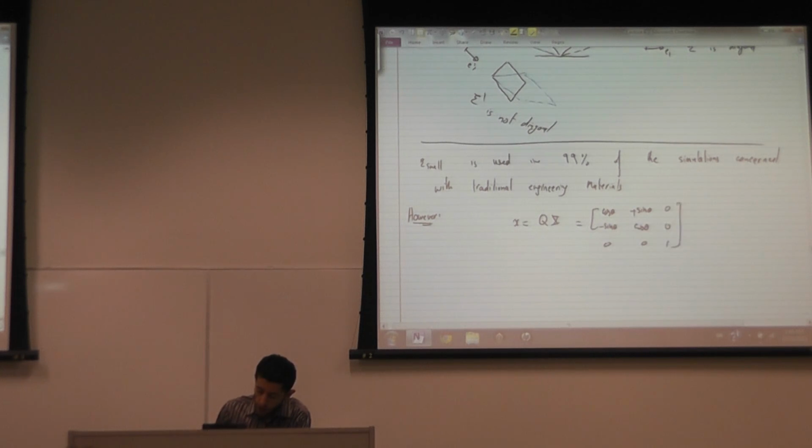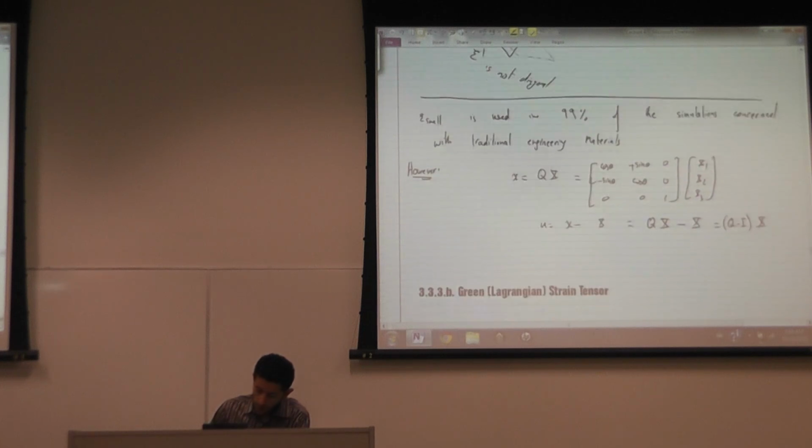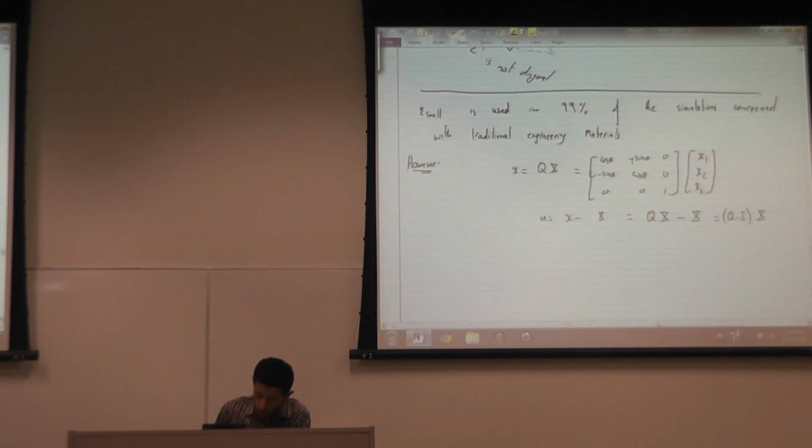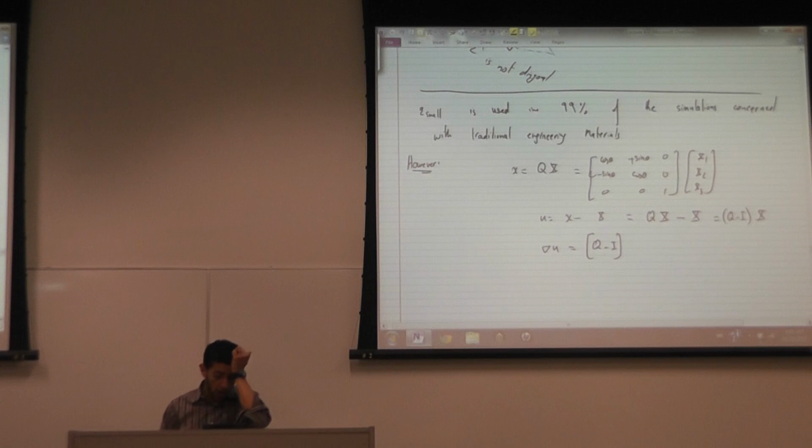I have an object that's rotating. u is equal to x minus X, which is equal to QX minus X, Q minus I multiplied by X. The gradient of u is equal to Q minus I. This is a matrix, partial ui by partial Xj.